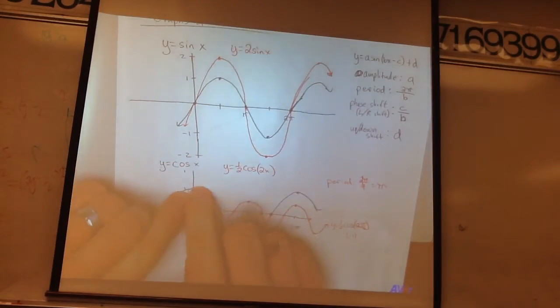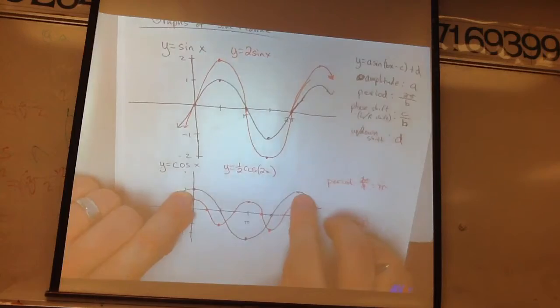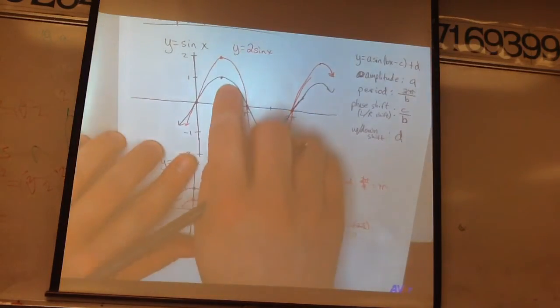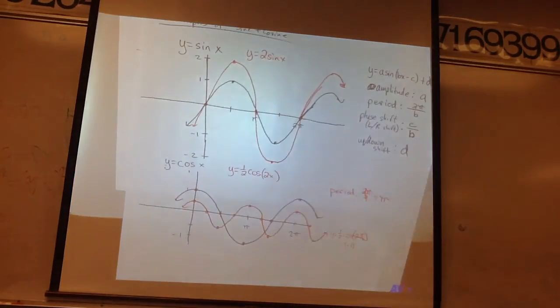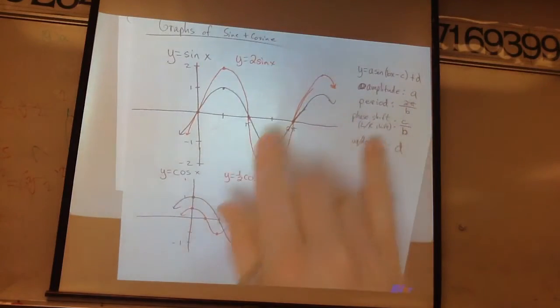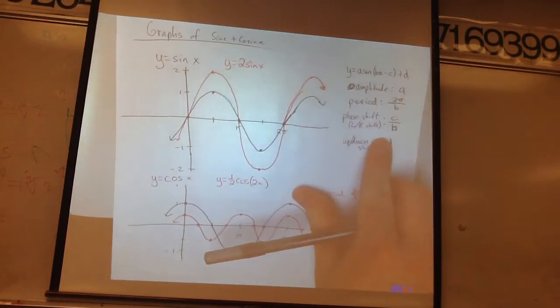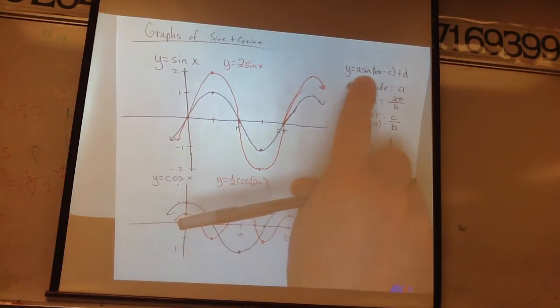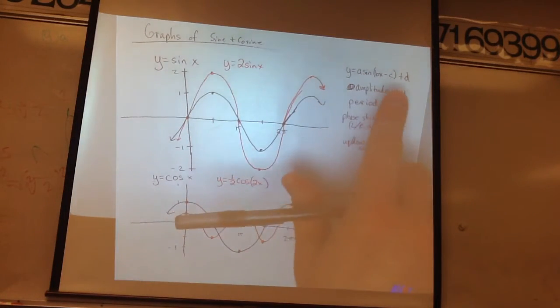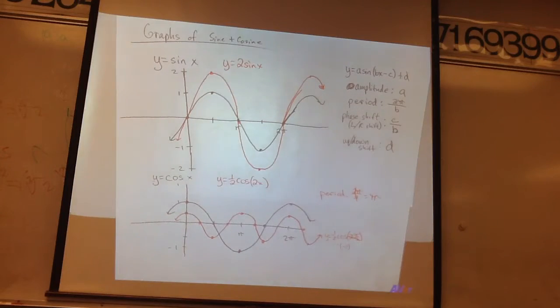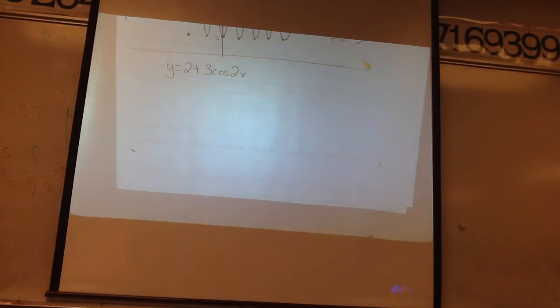So if you let C be pi and B be 2, the sine of 2x minus pi gives you cosine. Crazy, huh?